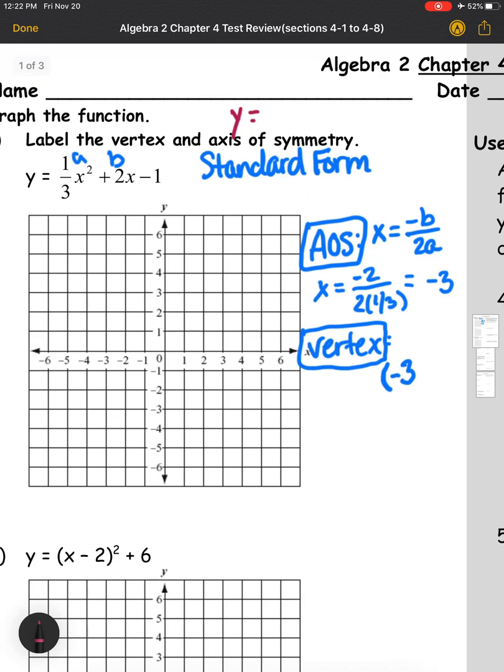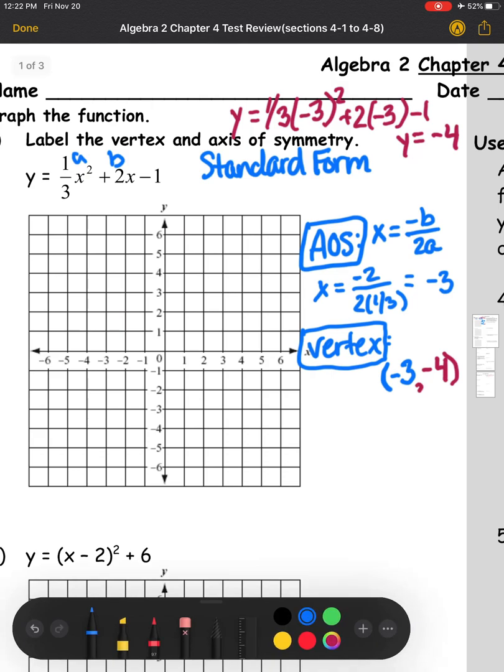So I'm plugging in negative 3 for x. When you do that in the calculator, you should get back negative 4. So that's my y value, negative 4, and there's my vertex, negative 3, negative 4. That was the second thing we needed.